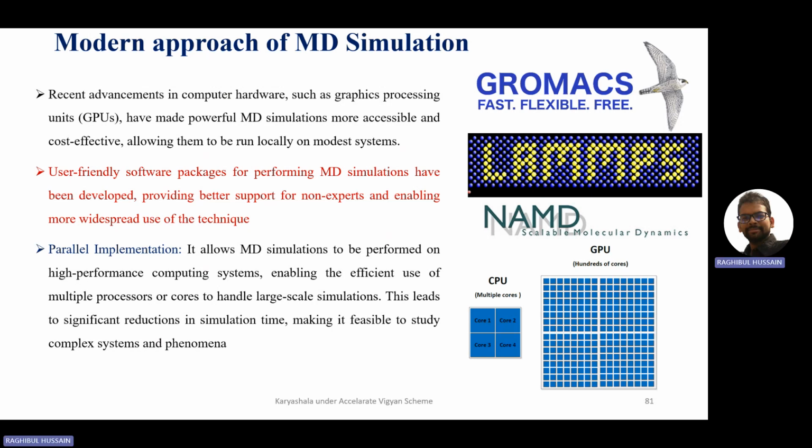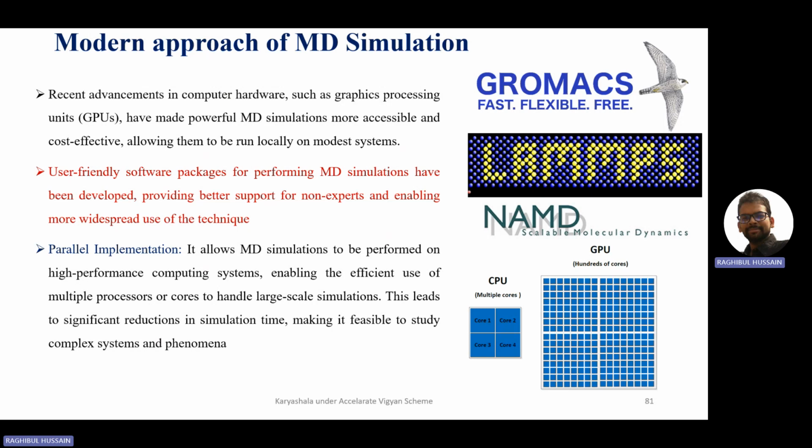Again, that is another thing that we have in my group. I have a GPU like A4000, and we have 128 GB RAM, so we get 18 nanoseconds per day. But in the CPU we have only 8 GB RAM, and we get 15 nanoseconds.